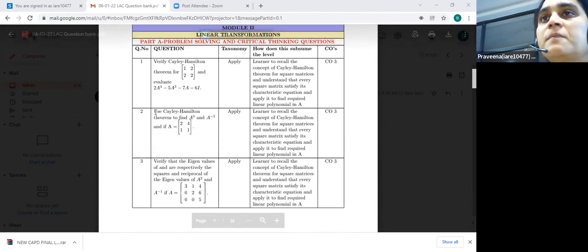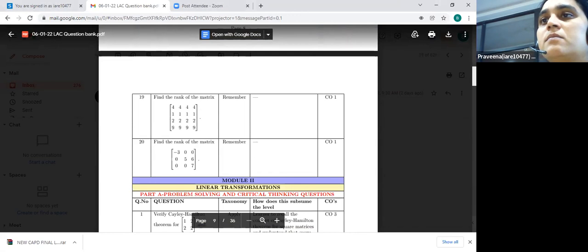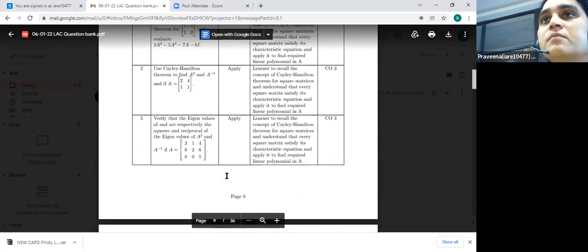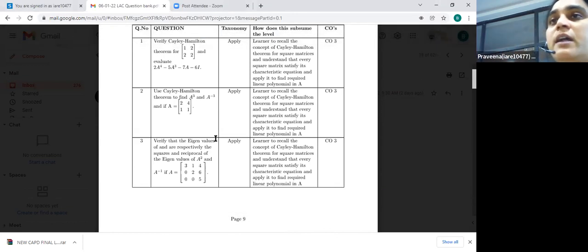Note down this second question from the critical thinking: use Cayley-Hamilton theorem to find A cube and A power minus 3 if A is equal to 2, 4, 1, 1.